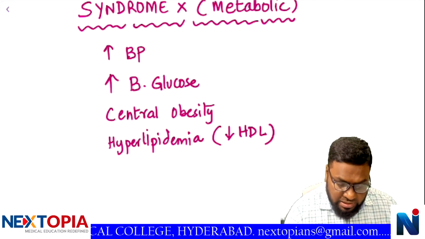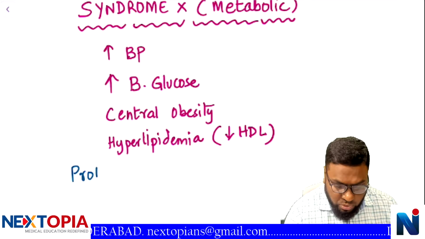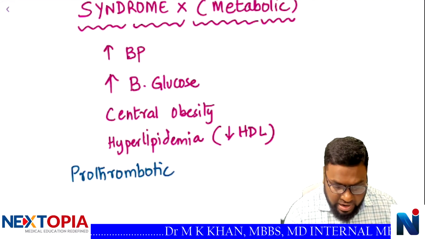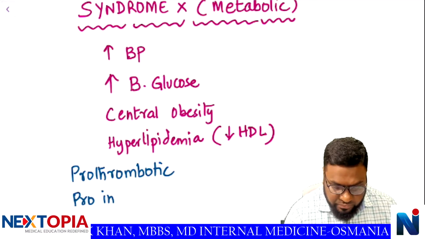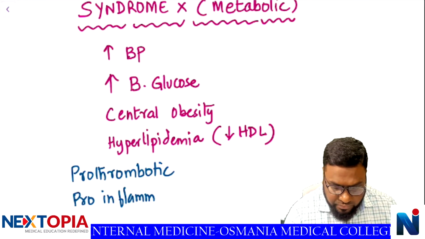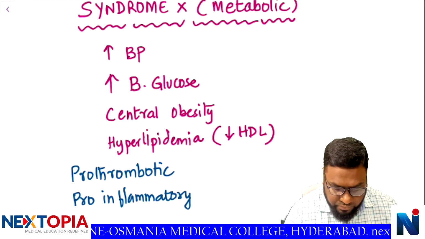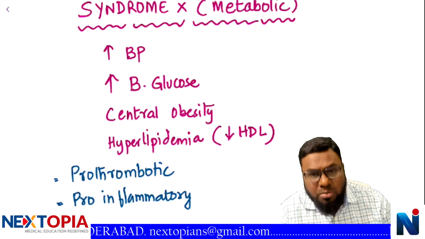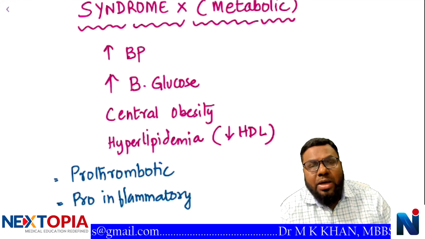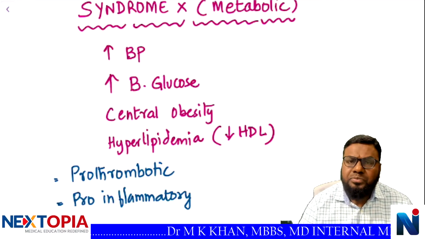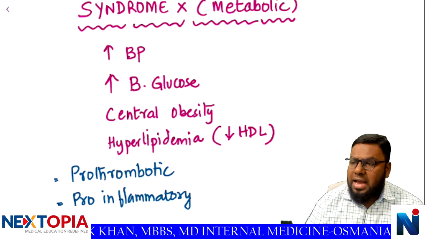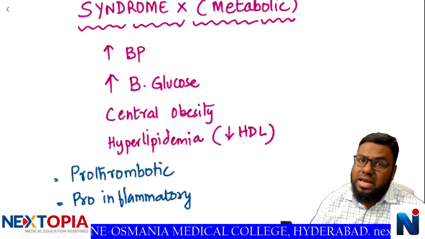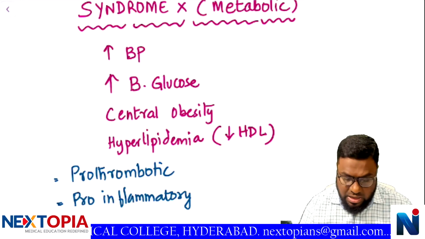This person with syndrome X may have pro-inflammatory and prothrombotic factors, a pro-inflammatory, prothrombotic state, so that this person develops myocardial infarction and stroke commonly. And this person is prone to various other complications of diabetes, complications of hypertension and hyperlipidemia.